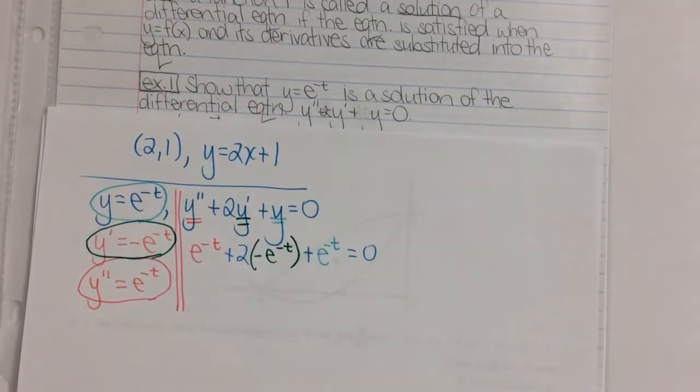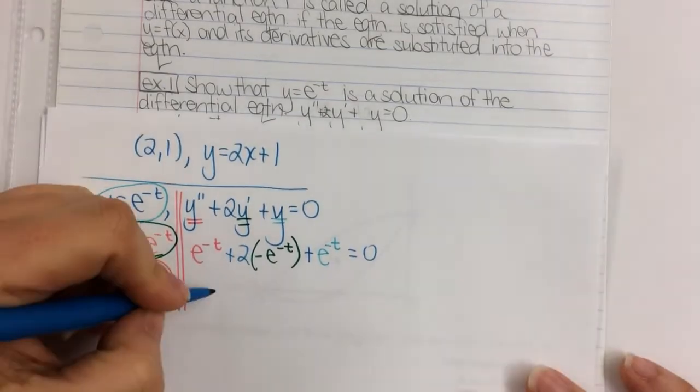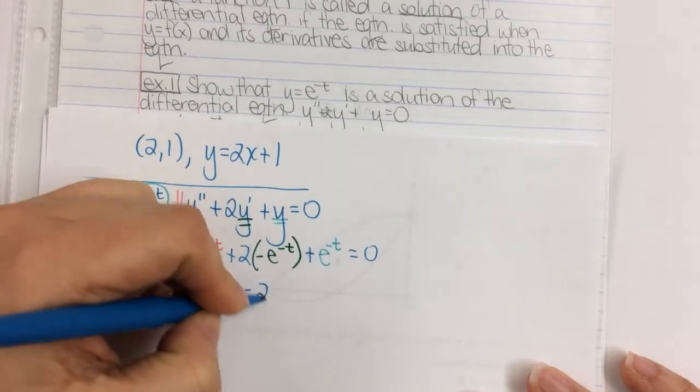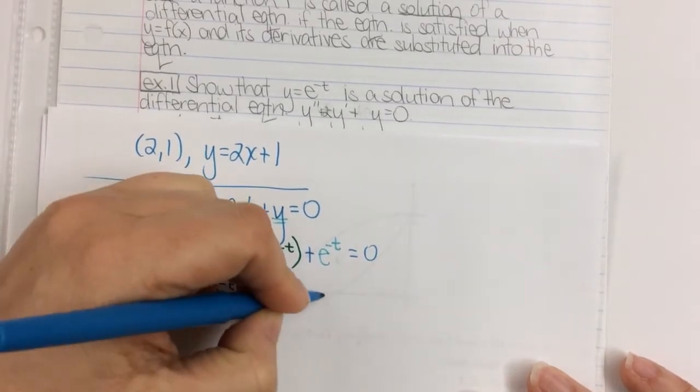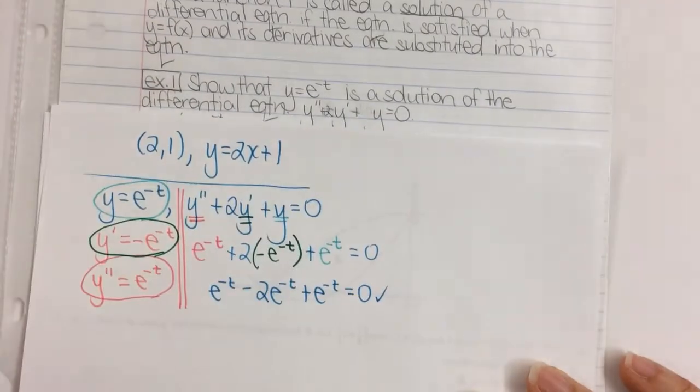And then I just have to simplify that and see, does the left side equal the right side? Well, let's see what we get. e to the negative t minus 2e to the negative t plus e to the negative t. Does that equal 0? Yes, it does.